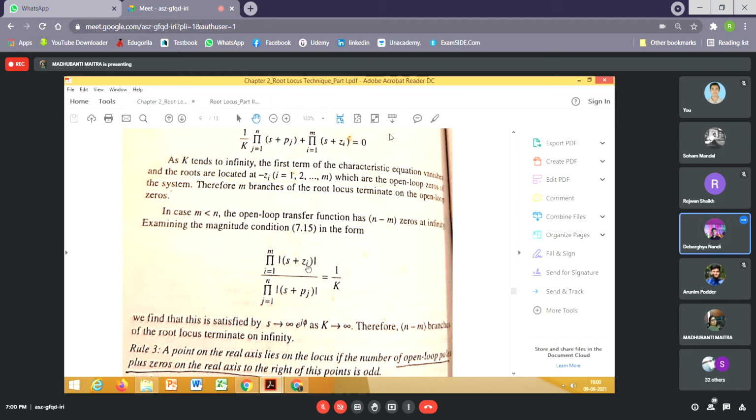Have you done this? Yes, ma'am. The same thing we are doing for the denominator polynomial. In this case we are taking out s to the power n out of this product sign. So within this bracket we'll get terms like 1 plus pj by s.